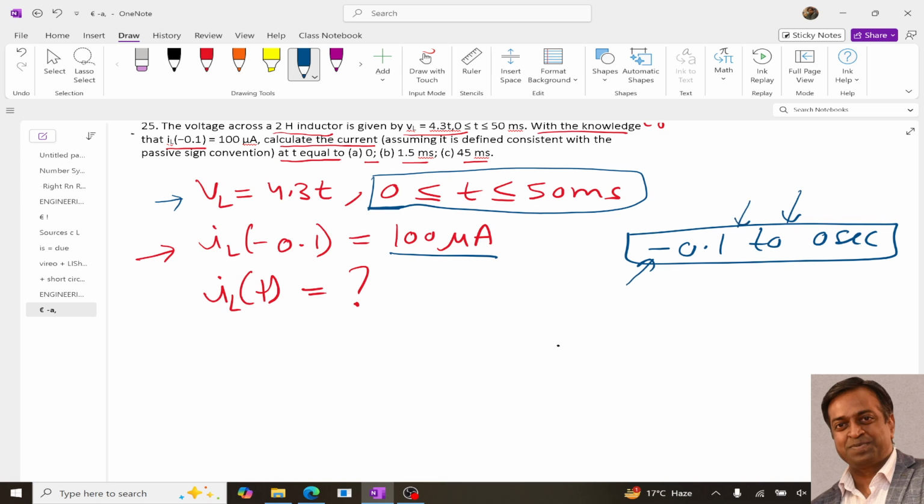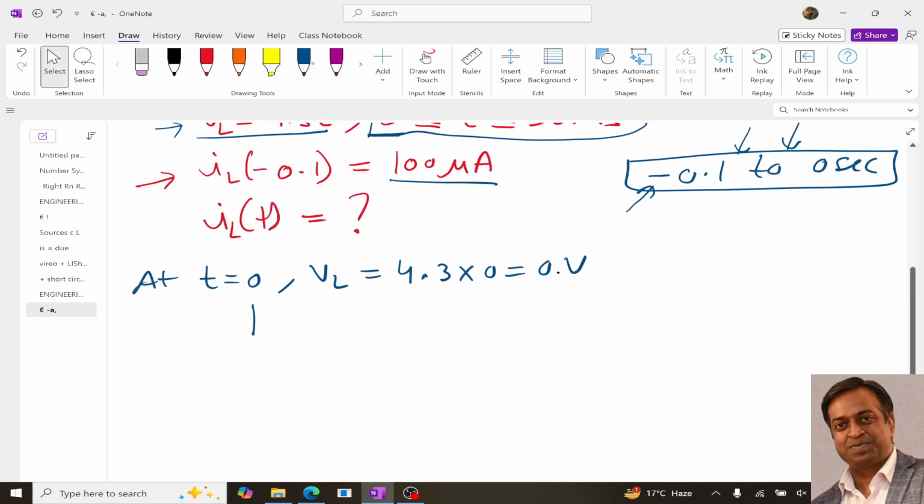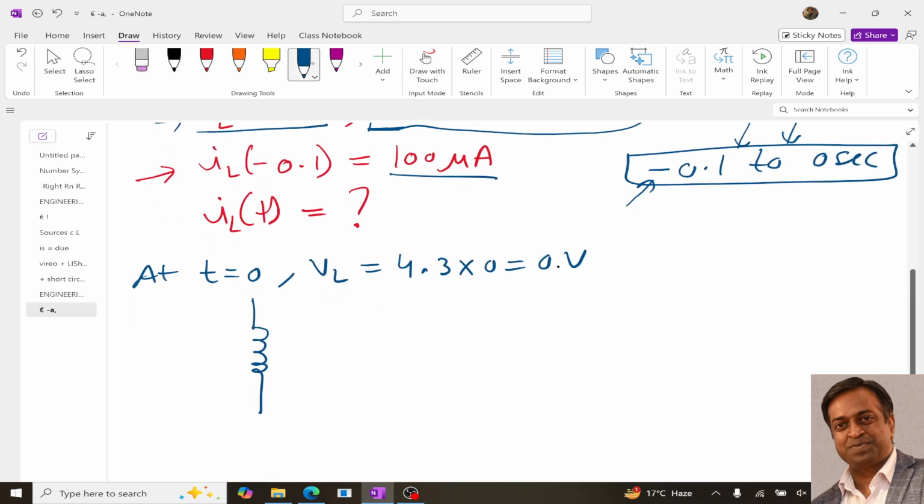Now if we substitute t equals 0 in this expression, our VL is 4.3 into 0 equals 0 volt. It means at t equals 0, the voltage across the inductor is 0 volt, and 0 volt means we can replace it with simply a short circuit.